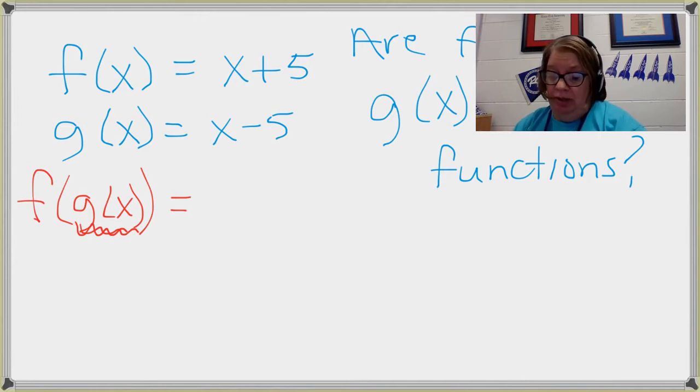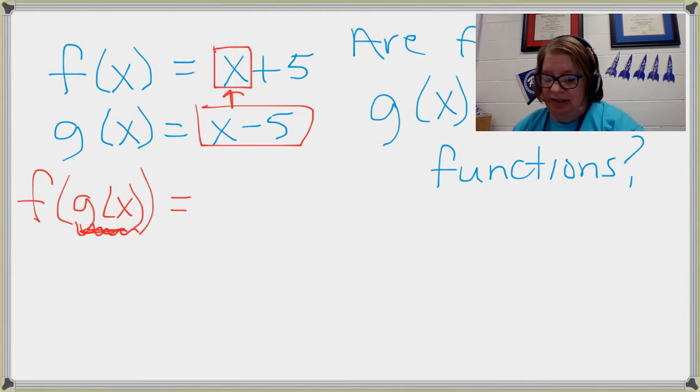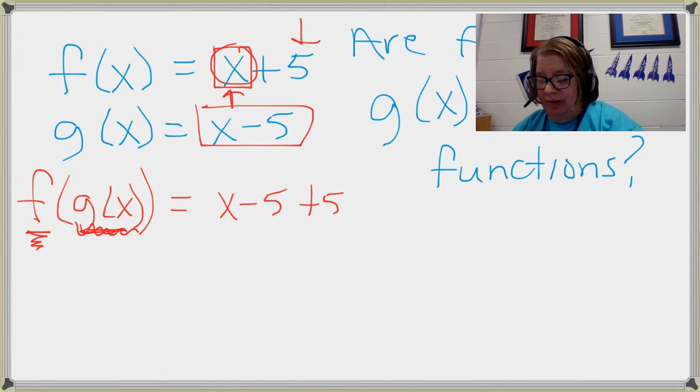Looking back, g of x was x minus 5. I'm going to plug that in place of this x in the function labeled f. So replace this x with x minus 5, then I have this plus 5. Negative 5 plus 5 zeroes out, and we have just x.